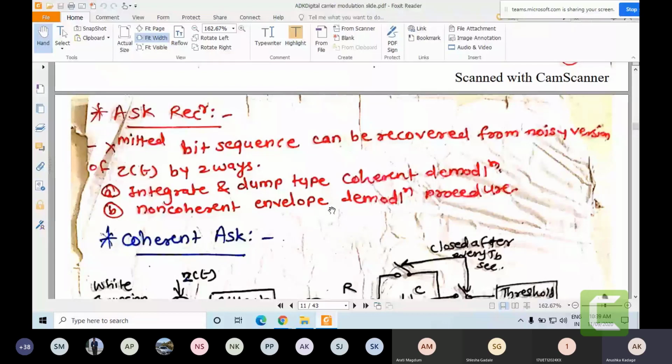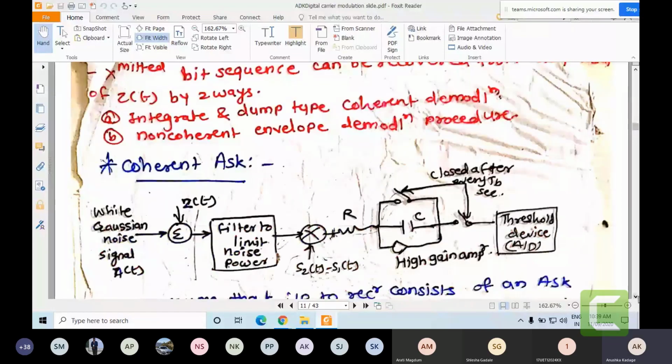So to have coherent demodulation, we have to use the integrate and dump circuitry. Below is the presentation of that circuitry. Here you can see why we are saying integrate and dump. You can have this RC combination. For the RC combination, when we take the output across the capacitor, it is nothing but the integration of the applied input.